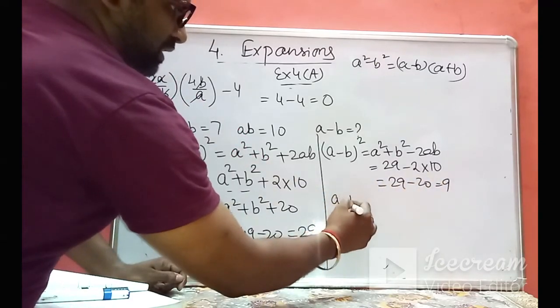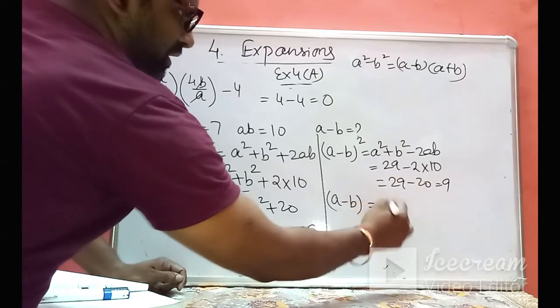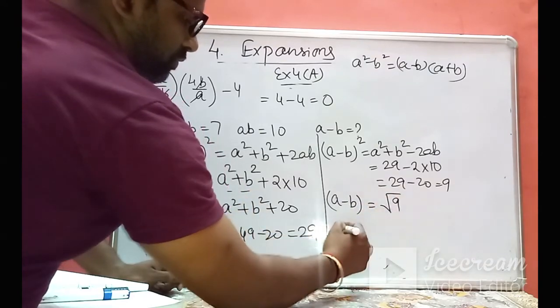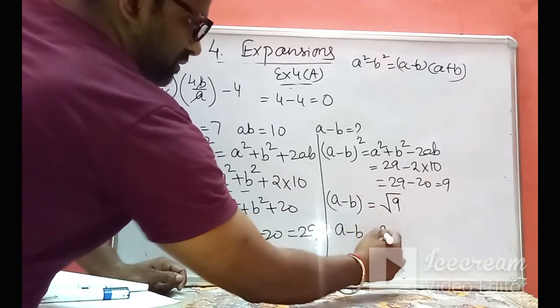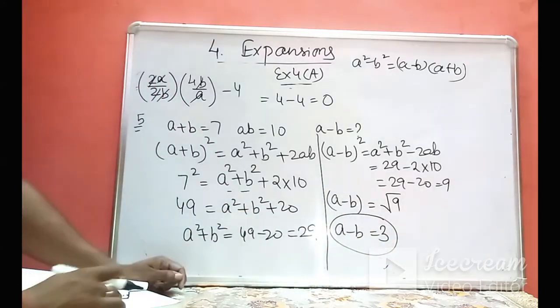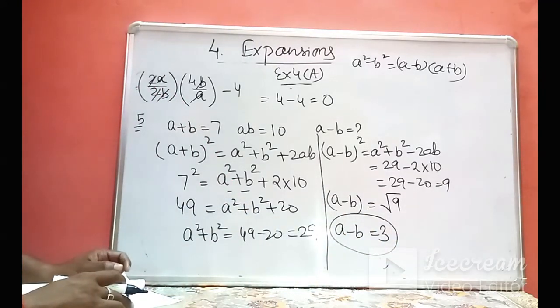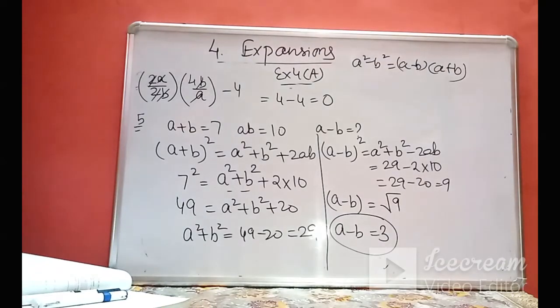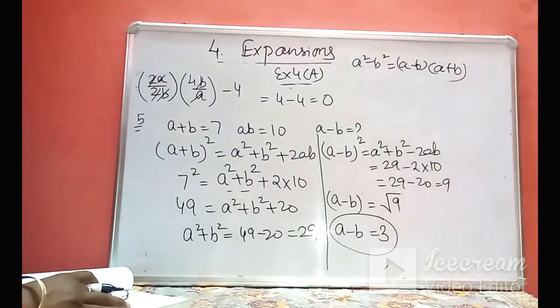So what is a minus b? We will take the square root of 9. So here our a minus b is 3. Understood? Okay, in this manner we can calculate the values.